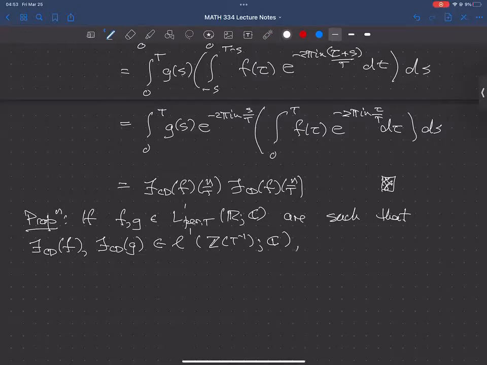Okay, so if it is valid, then first of all, FG is in L1. It's much stronger than L1. In fact, it's continuous.